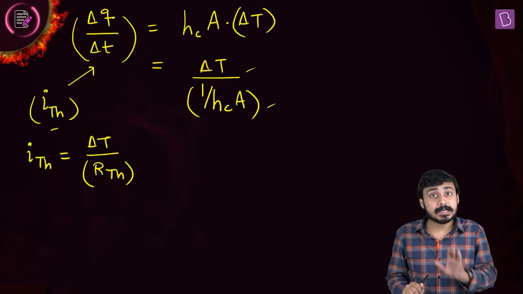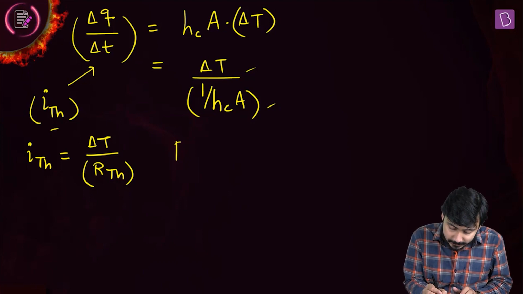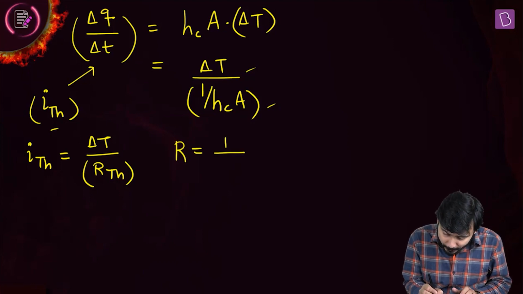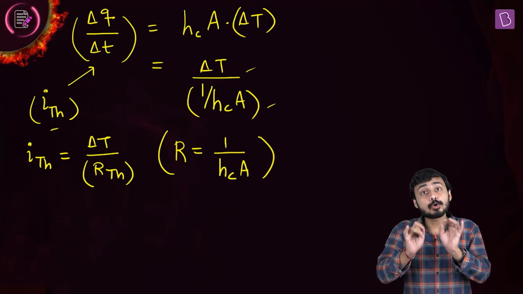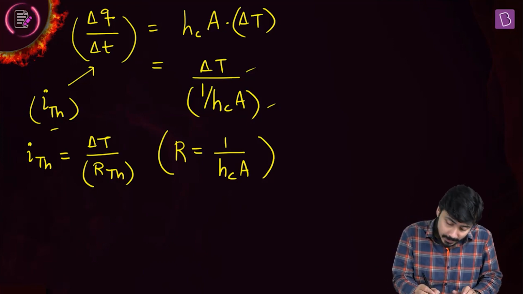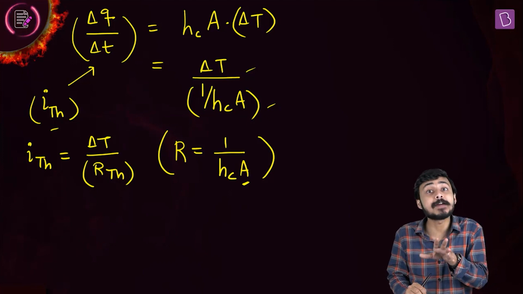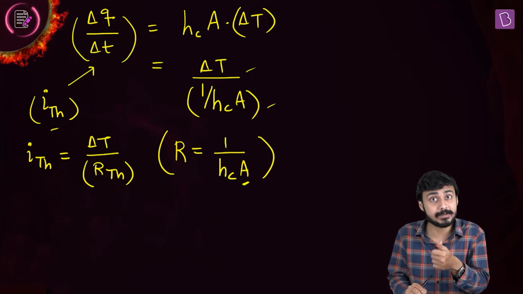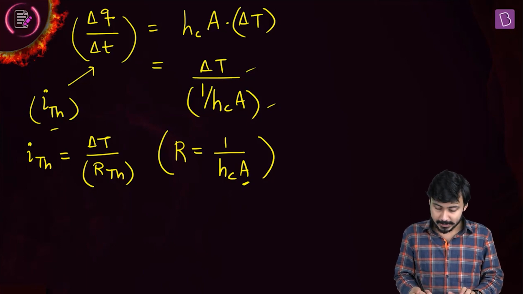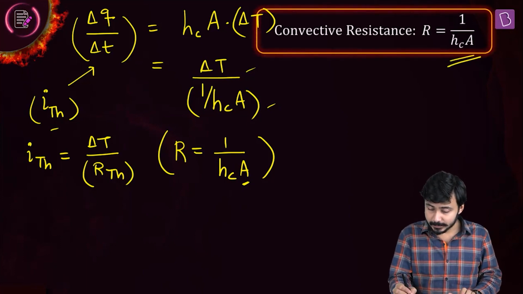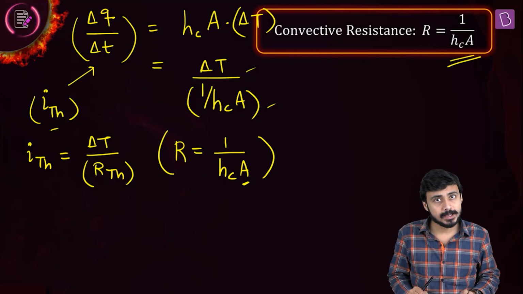So the convective resistance in this case will be given by 1 upon HcA, where Hc is the coefficient of convection and A is the exposed surface area of the spherical body in the given case. Okay, so the convective resistance is 1 by HcA.